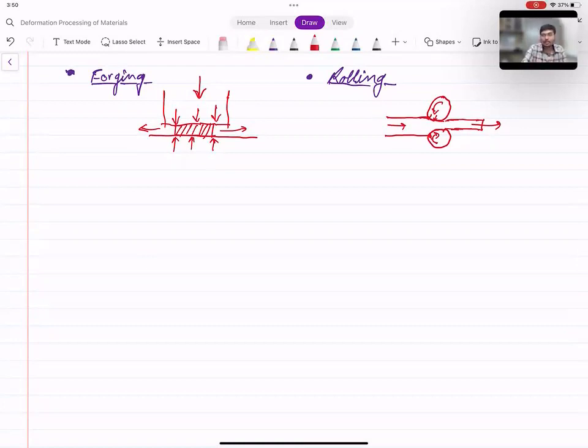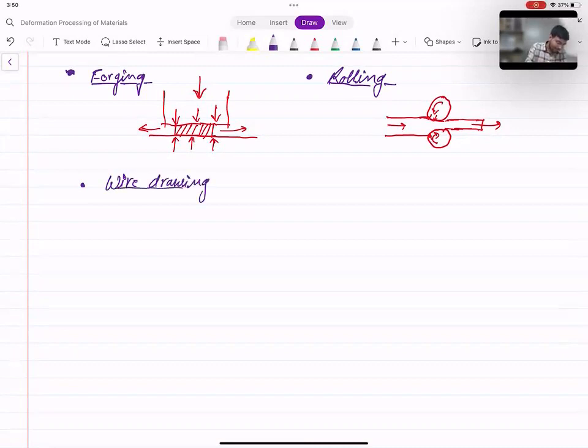They ultimately lead to the deformation which we want, or the change in shape that we need. So the next process is wire drawing, which is a type of indirect compression type process. Okay, so let us see wire drawing.